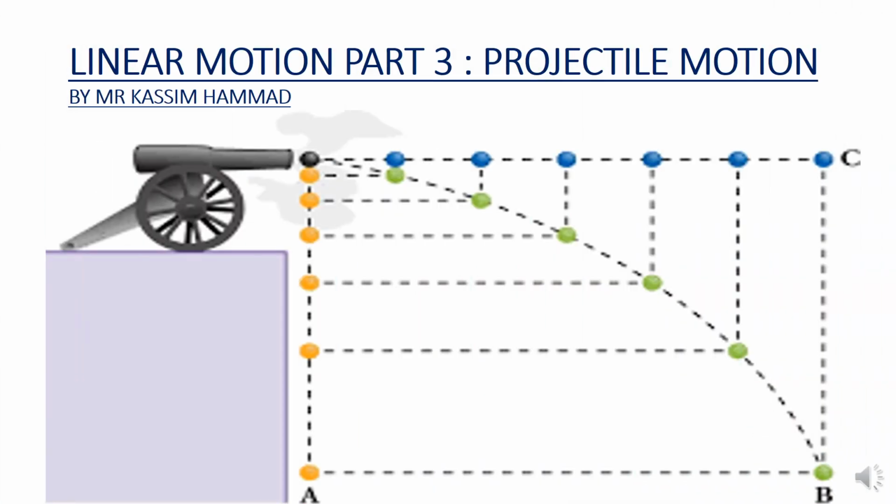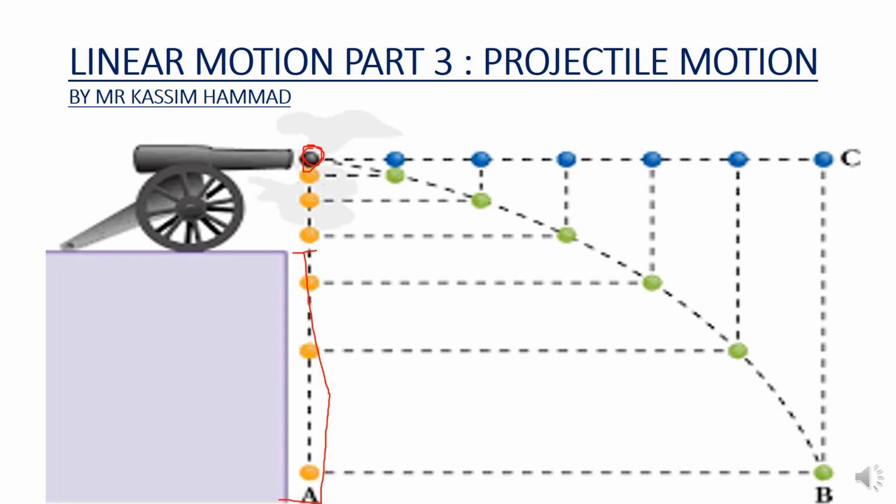Projectile motion. So, as you can see here, we have a cannonball. You can see this black cannonball, risasi ya mzinga, na hii mzinga imewekwa mahali above the ground.